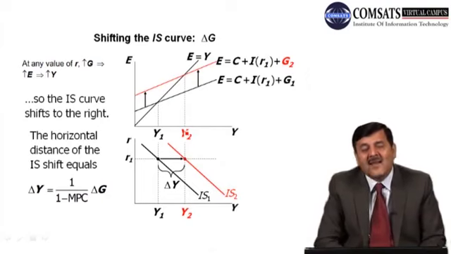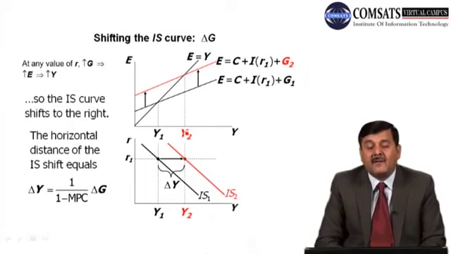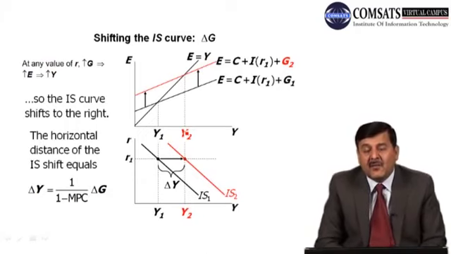Now we see how this change in expenditure affects the IS curve. Corresponding to the equilibrium of the economy at Y1, we have the IS1 curve. Now suppose due to the change in government spending, expenditure increases. This will shift the IS curve to the right, because with the change in government planned expenditure, output must rise, right?